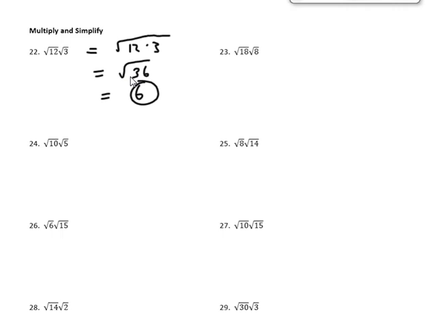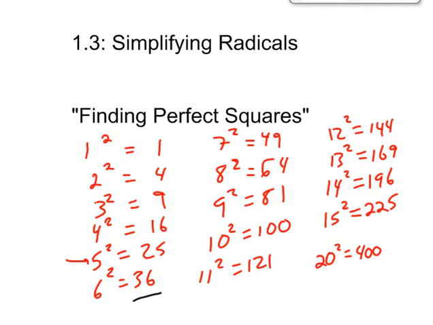If I do number 24, I have the square root of 10 times 5. Those two things multiply times each other, which is the square root of 50. The square root of 50 is not a nice number. When I type it into a calculator, a perfect square would be 49. That's pretty close. So I need to start figuring out what goes into 50.